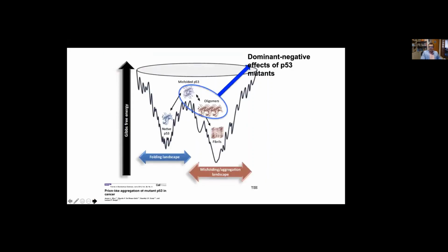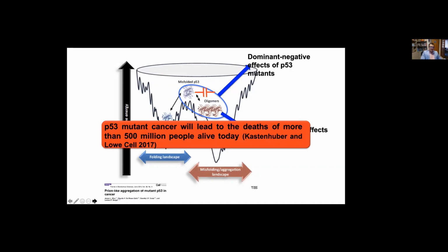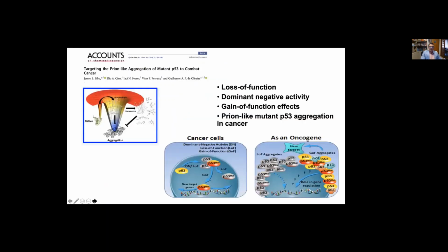So we decided to look for possibilities of blocking this aggregation, and it's quite important, of course, to look for ways to prevent it, not only the aggregation of p53 itself but also the heteroaggregation of other factors.